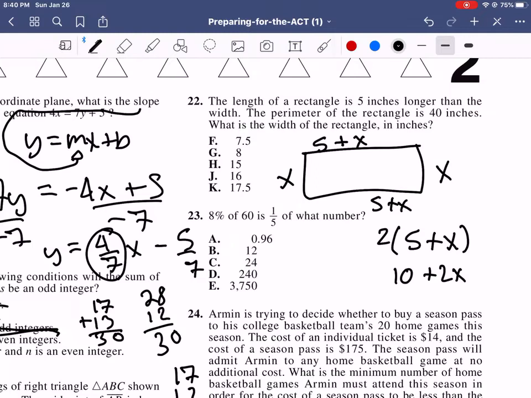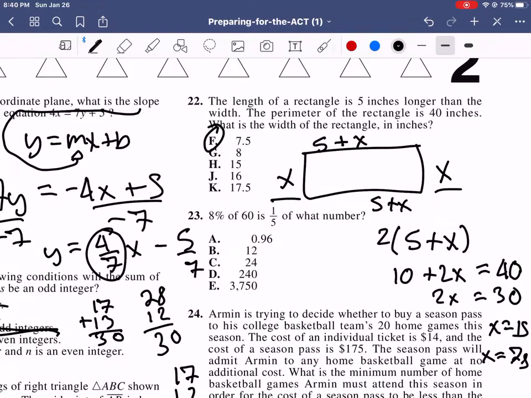The perimeter is 40, so you set it equal to 40. 2x equals 30, because you're subtracting 10. You have to divide 15 by 2 because there are 2 x's, so x is 7.5. Answer is F.